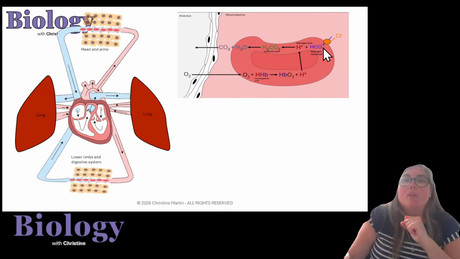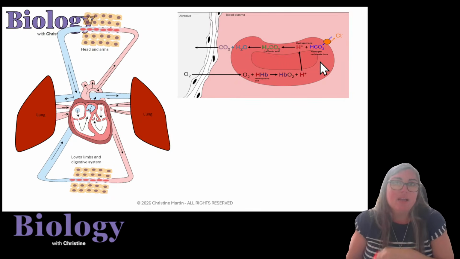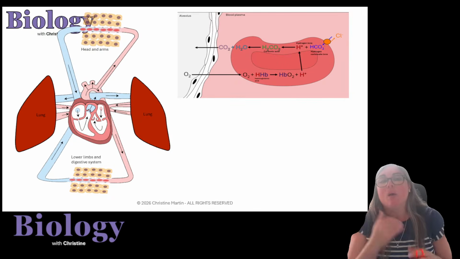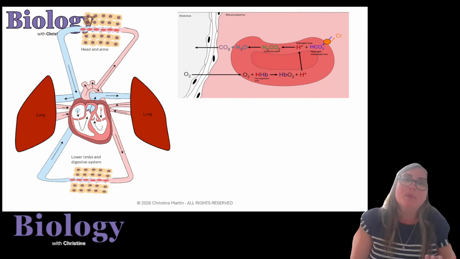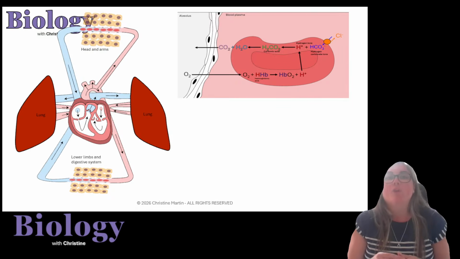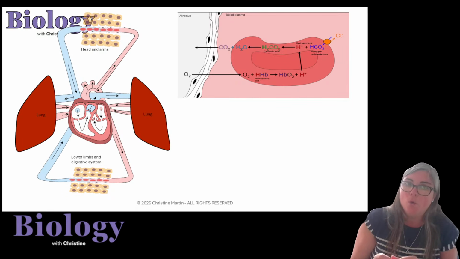Hydrogen ions will then be able to bind with hydrogen carbonate ions to form carbonic acid. That will then be able to be converted into carbon dioxide and water. The carbon dioxide can then diffuse from where there's a high concentration to where there's a low concentration.